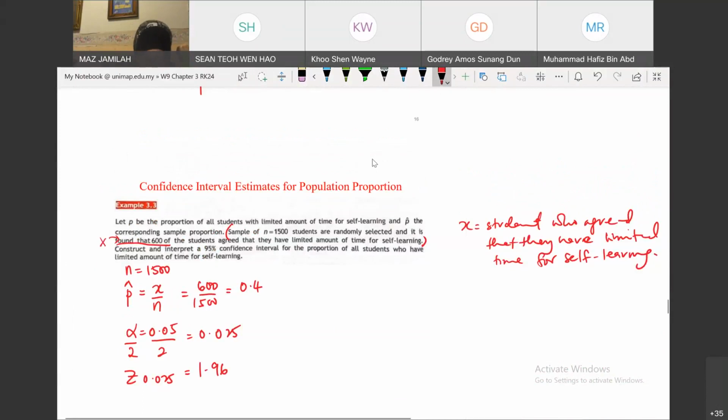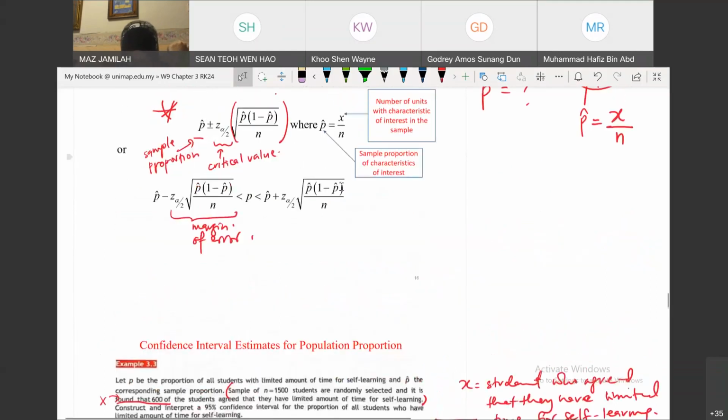So p hat is 0.4 plus minus 1.96 multiplied with the square root of p hat, that will be 0.4, multiplied with 1 minus p hat, that will be 0.6, divided by 1,500.